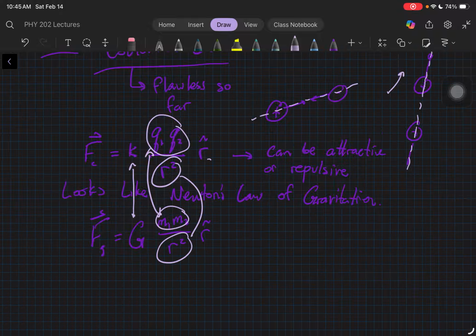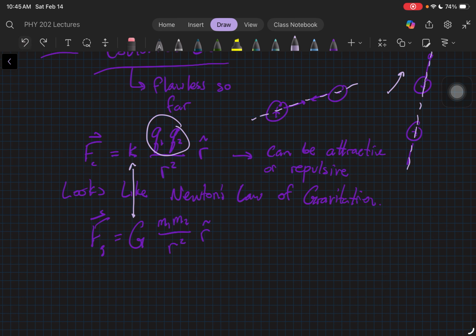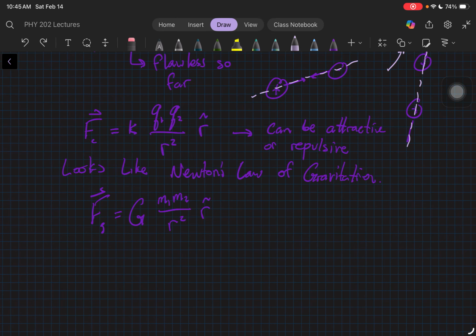We have r squared, and then we have our r hats. Cool. Right, and so the main difference between the two is this is going to be always positive. Cool. And then, yeah, that's that.